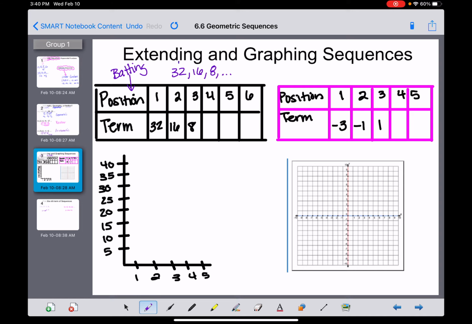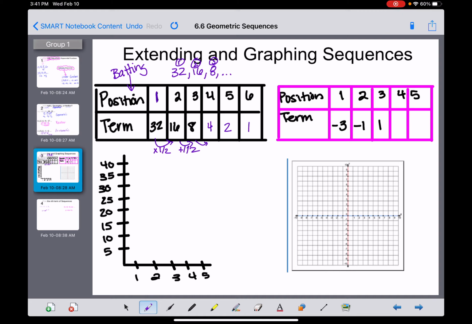So my first position in the lineup is 32. That's why 32 has a 1. My second position is 16. Why it has a 2. The third position is 8. So how do I continue this pattern? From 32 to 16 is multiplication of a half, or you can think of it as dividing by 2. So I divide by 2 to get 4, divide by 2 to get 2, divide by 2 to get 1.